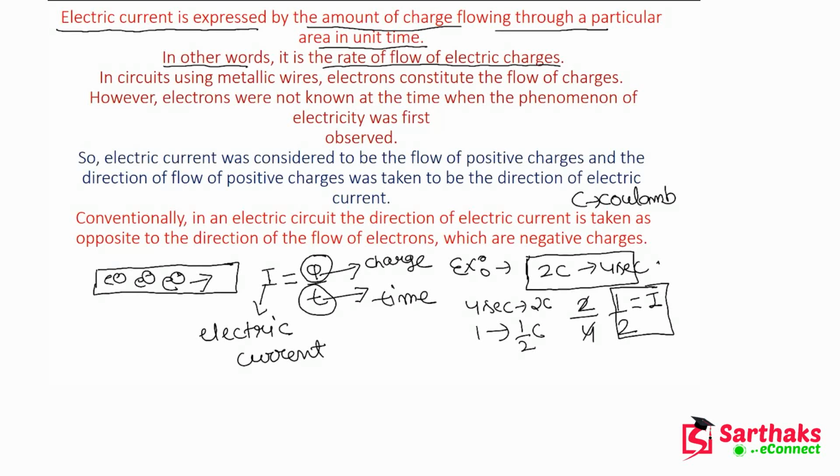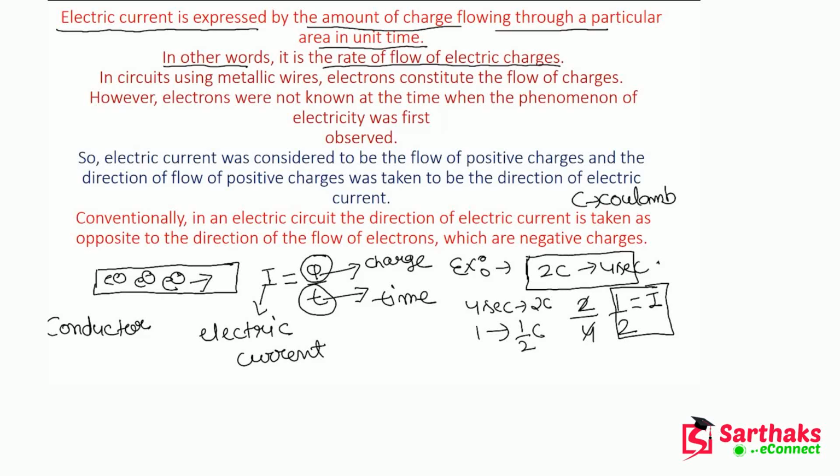Okay, but metallic wires consist of lots of electrons. This is the reason that metal is a conductor of electricity. Why? Because it has lots of free electrons.